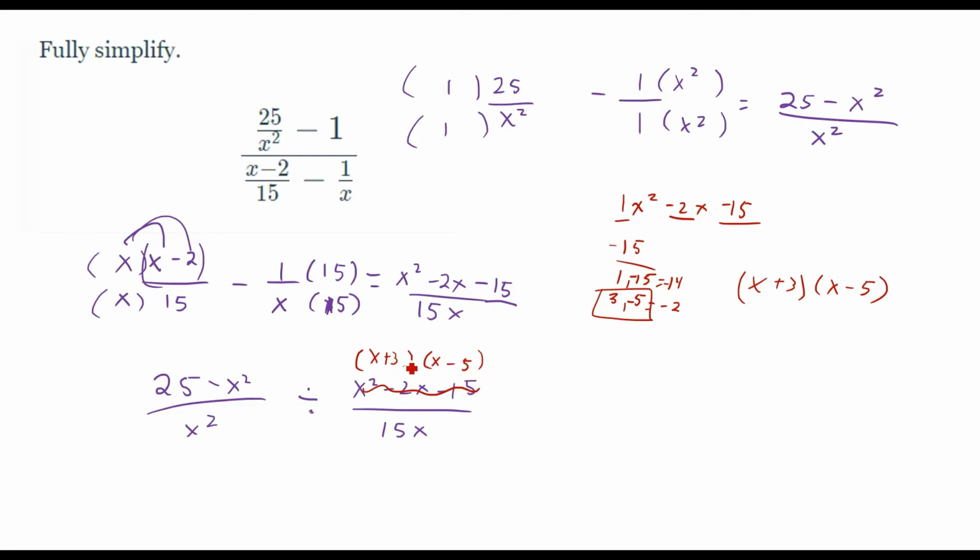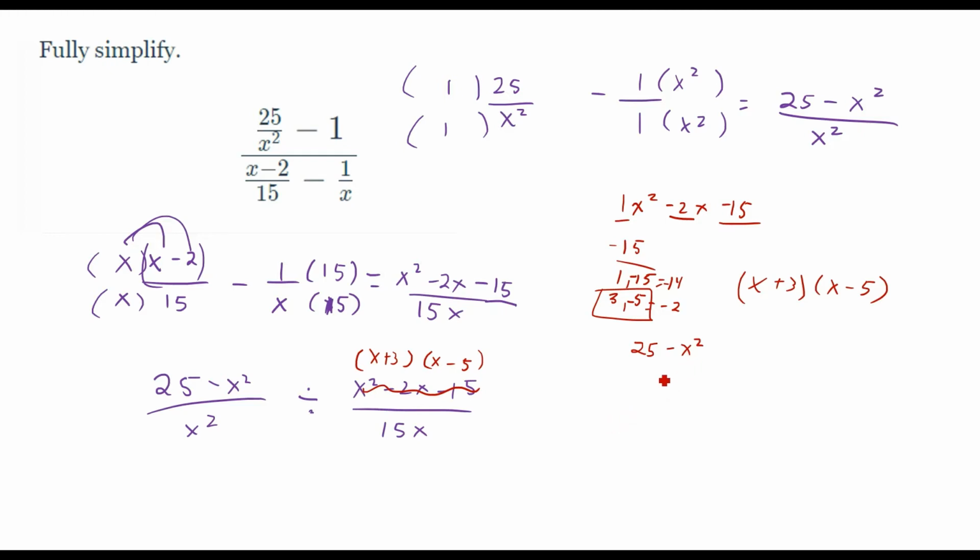Okay. And now that I know these factors are here, I have a feeling that x minus 5 or x plus 3 are going to be over here too. So let's take the 25 minus x squared. I kind of want to change this up.